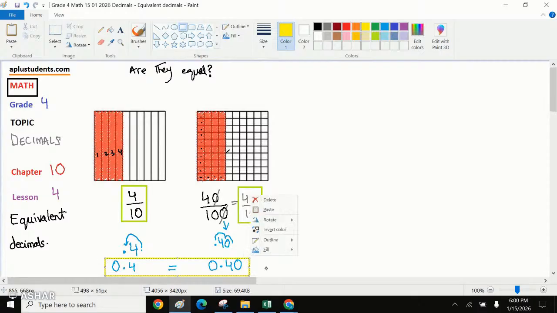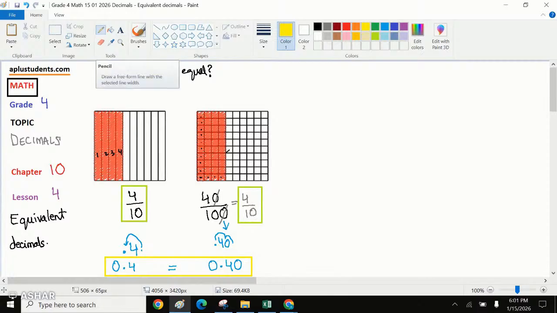Why? Because a 0 in decimals after a number does not have a significance. We can still write a 0 over here just to show that these two numbers are equal. So 0.4 is equal to 0.40.